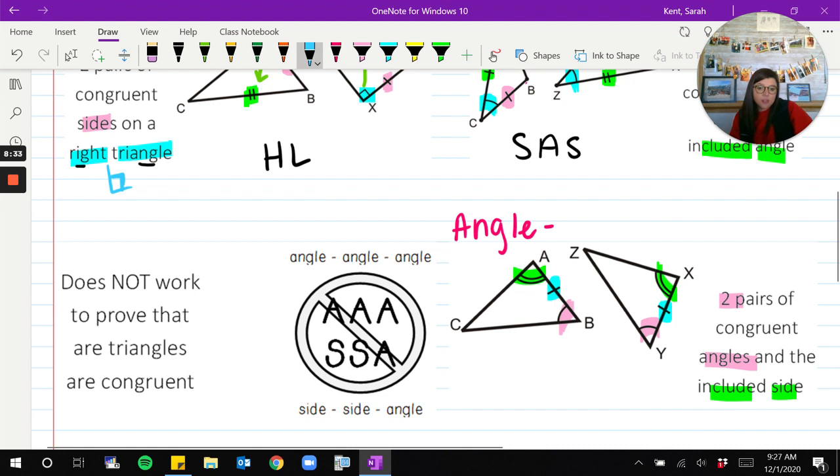Then after this first angle, there's a side. And then we have a second angle. So here we've got angle, side, angle. So I'd use A-S-A.